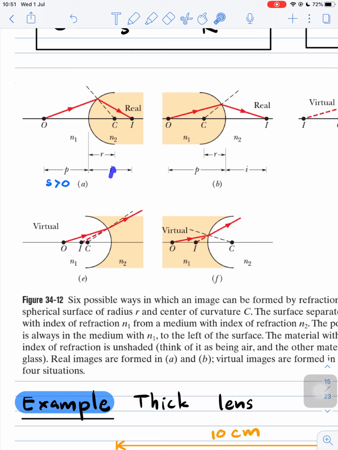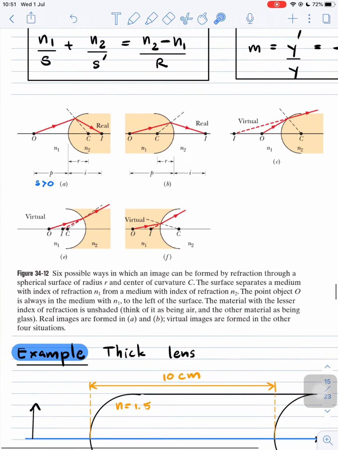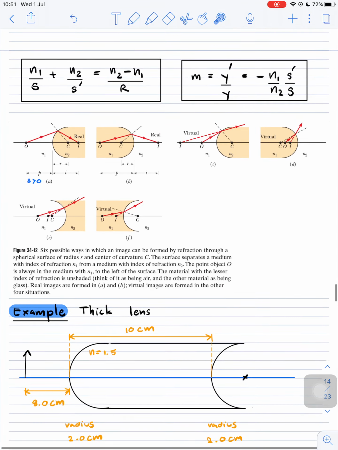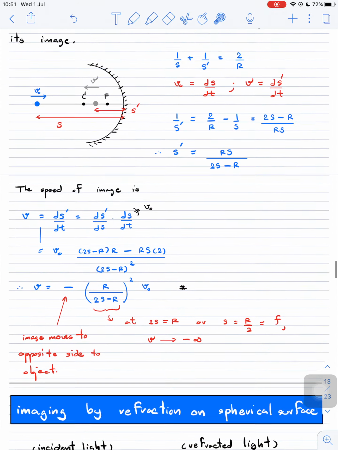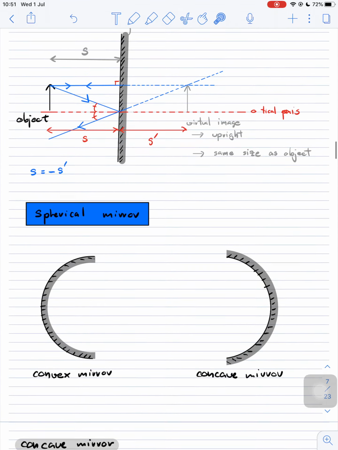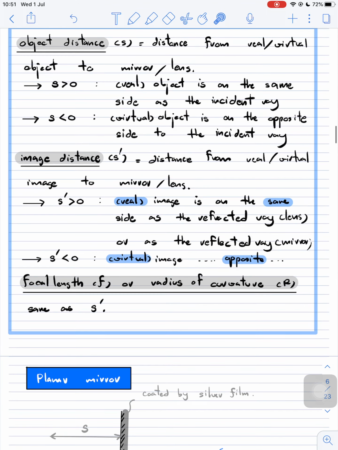And then how about the I, which is the S prime in our case? Now again, we need to look at the refraction by the lens, right? In this case, we say that the image distance is going to be positive if and only if the image is on the same side as the refracted ray, okay? Because right now we're talking about the refraction. So S prime is positive when the image is on the same side as the refracted ray.